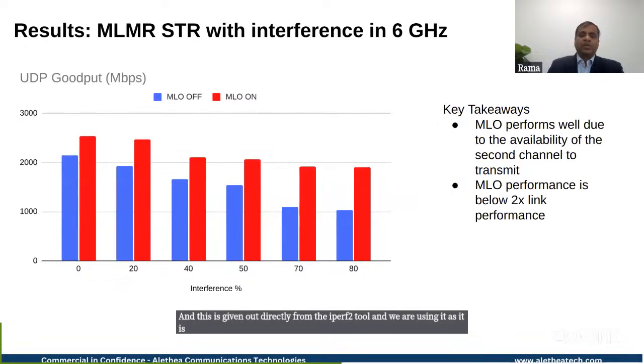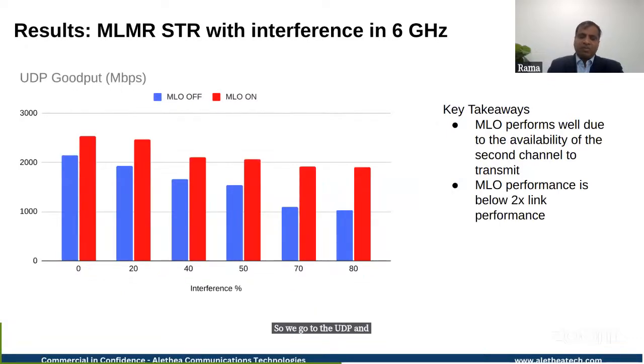So we go to the UDP, and UDP also performs well with MLO on, and we do see a difference as the interference increases. The MLO off case performs poorly once the interference increases, and the MLO on case, since it has the availability of the second channel, does well.